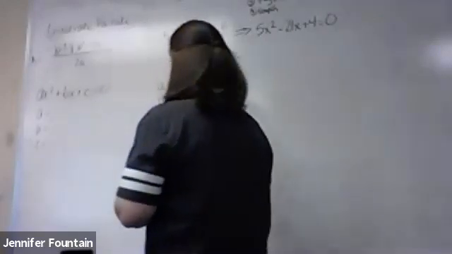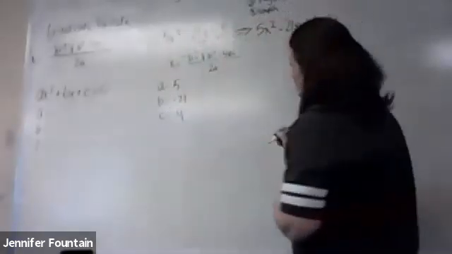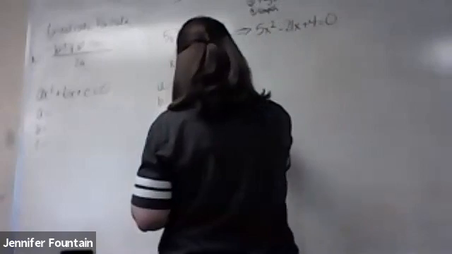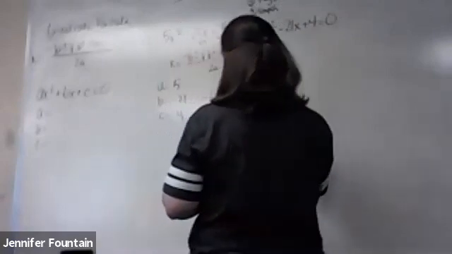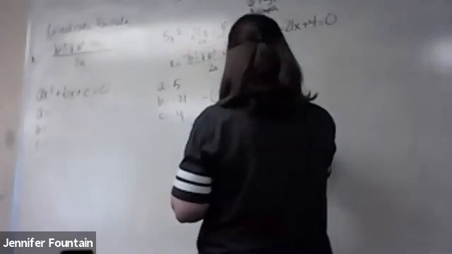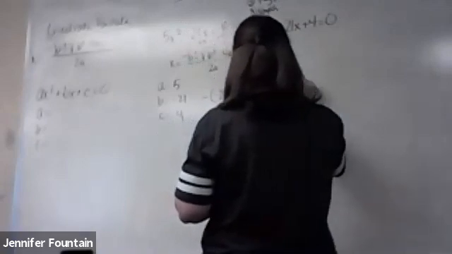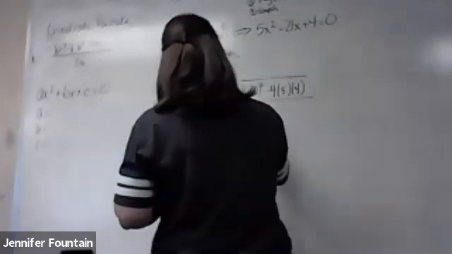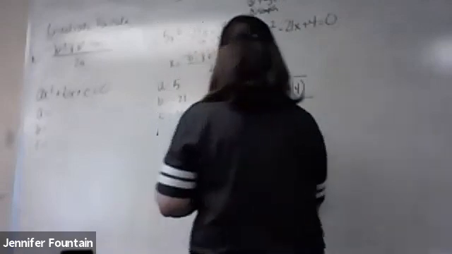All right. So I'm going to have -21 plus or minus the square root of -21 squared minus 4 times 5 times 4 all over 2 times 5.